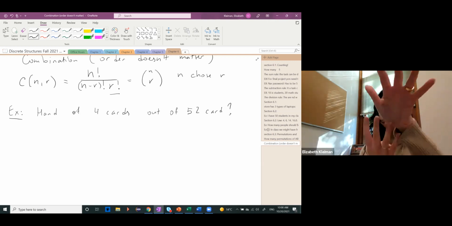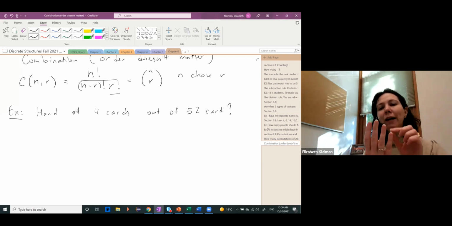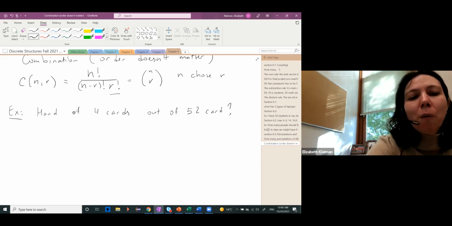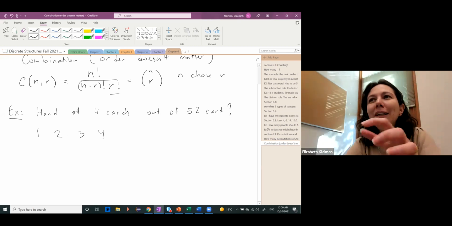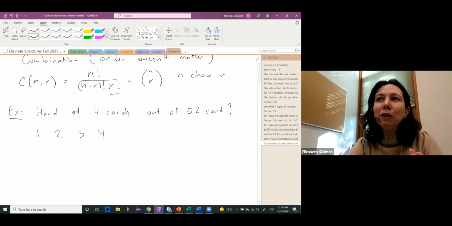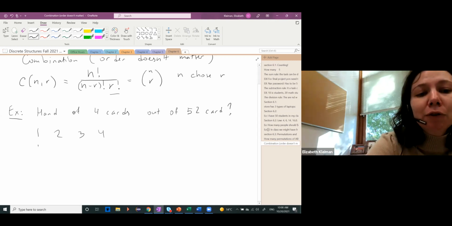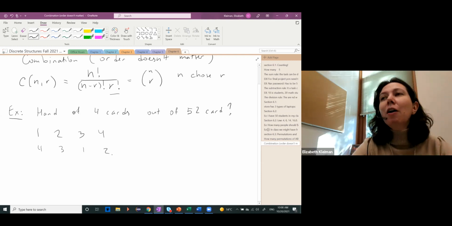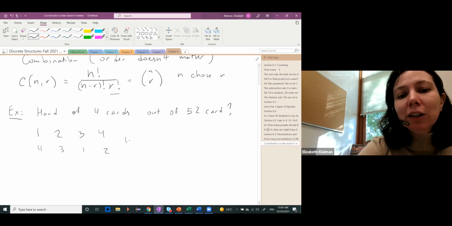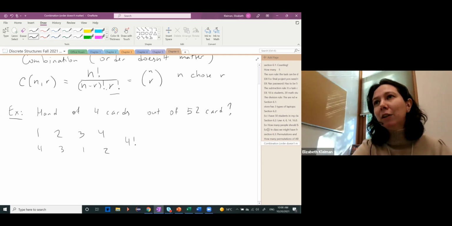Now, if I'm drawing 4 cards, in how many different orders could I pick the same cards 1, 2, 3, and 4? Well, it could have been that I first got 3, 4, and then 1, and then 2, correct? So in how many ways could I have done it? Well, actually, it's 4 factorial ways, correct?